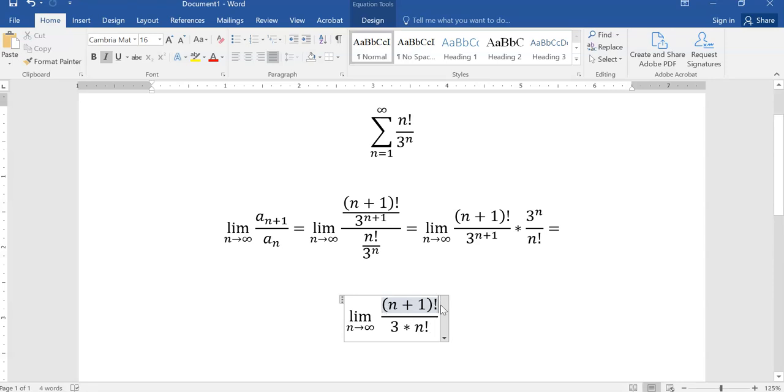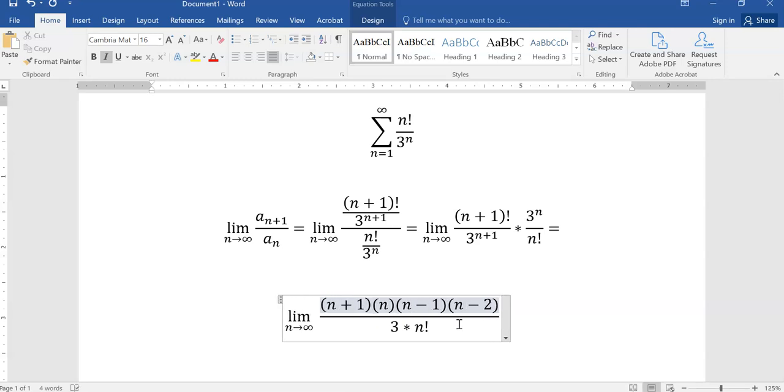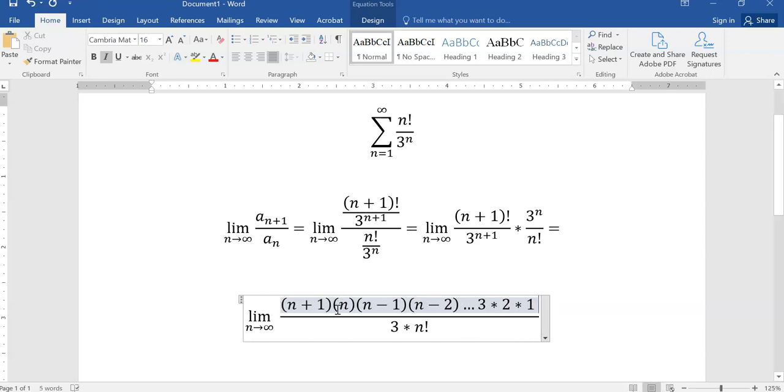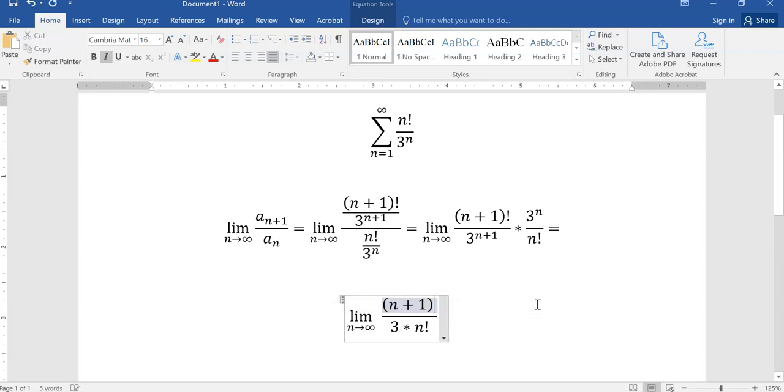Now, n plus 1 factorial can actually be expanded out. n plus 1 times the next lowest positive integer, which is going to be n, times the next lowest positive integer, which is n minus 1, times the next lowest positive integer, which is n minus 2, all the way down till you get times 3, times 2, times 1, etc. But if you really focus on this, n times n minus 1 times n minus 2 all the way down till you get to 1, that's actually just n factorial.